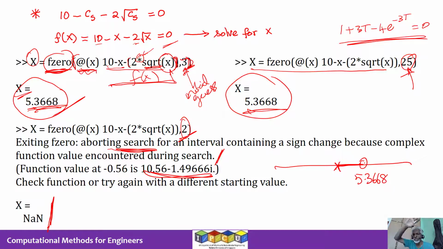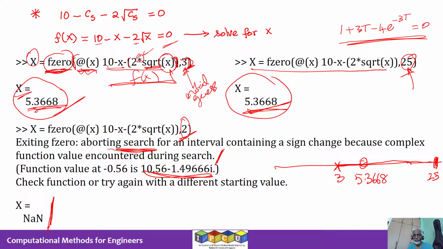Anything that comes within that domain of attraction, gravitational attraction, will be drawn towards the Earth, for example, right? If it is beyond that, it's outside. Initial guess of 3 is within the domain of attraction, and therefore it is pulled to the root. Plus 25, which is somewhere here, is also within the domain of attraction. It was drawn towards this root, and that is why you got the answer.